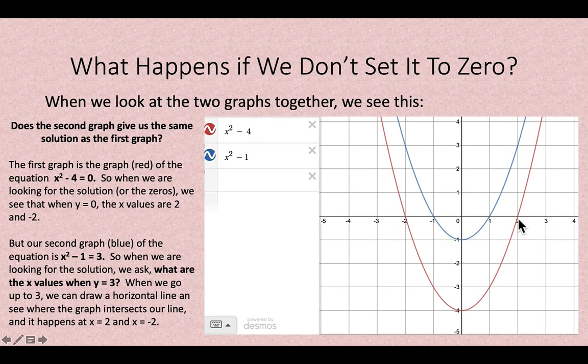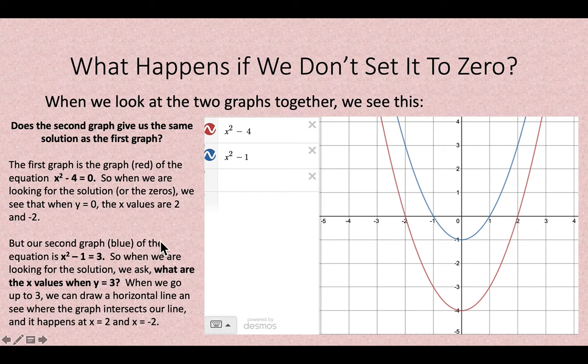And so it crosses at 2 and negative 2. This equation is set equal to 0, so it makes sense that we're looking for where it crosses the y equals 0 line.